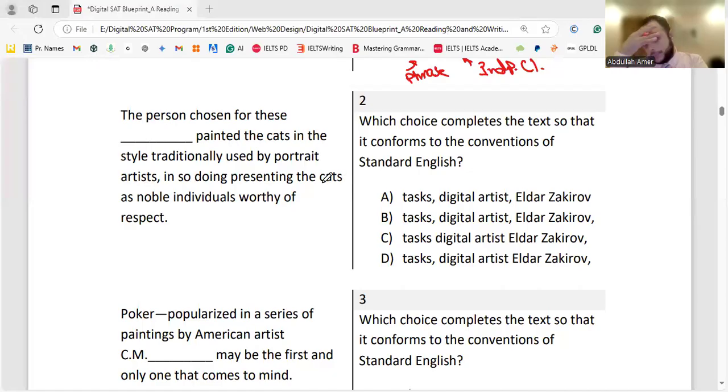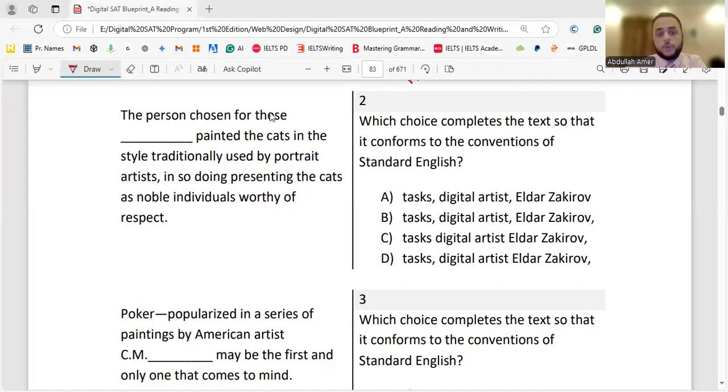Listen, guys. Listen. The person chosen for these tasks painted the cats in the style traditionally used by portrait artists. Okay. Now, the missing element is not essential, basically. So we need a comma before and a comma after.